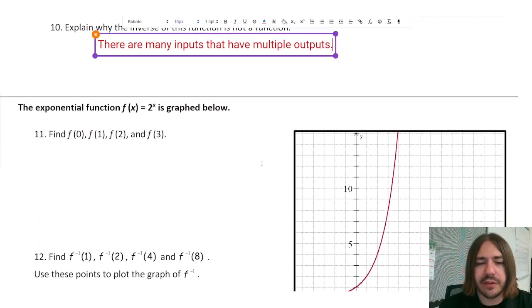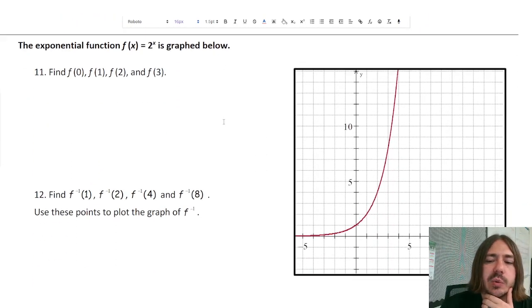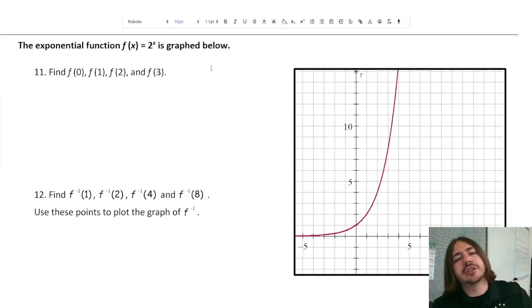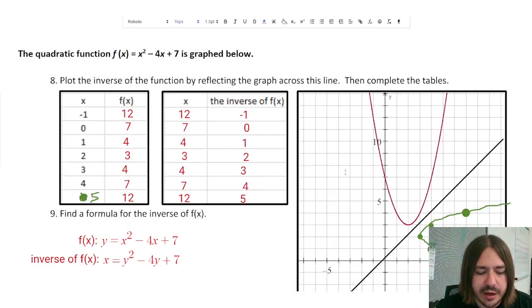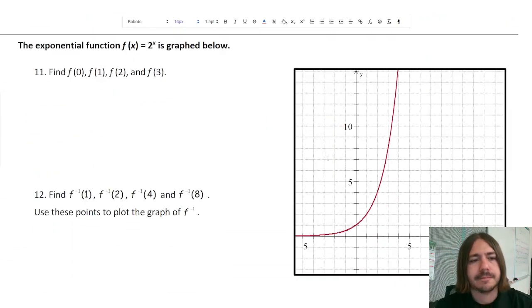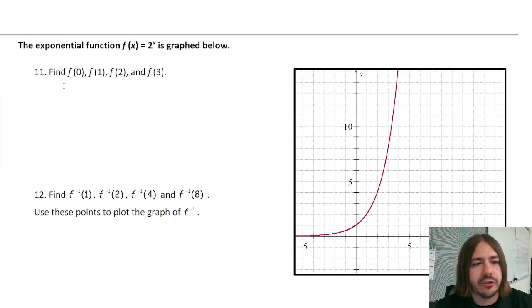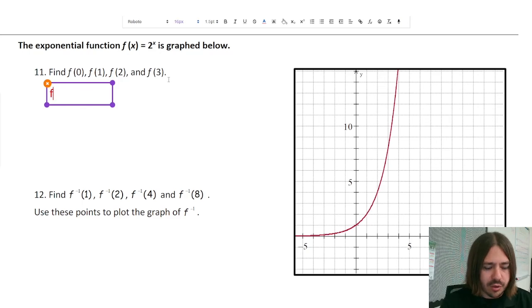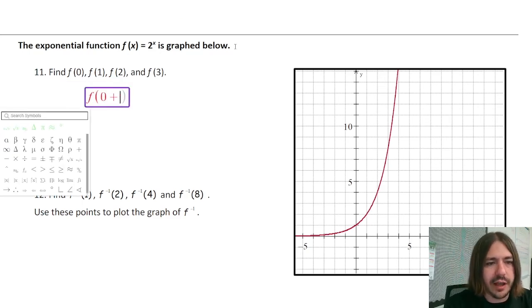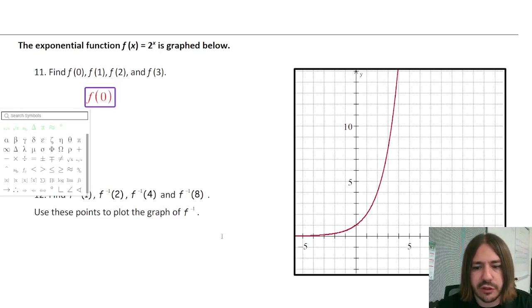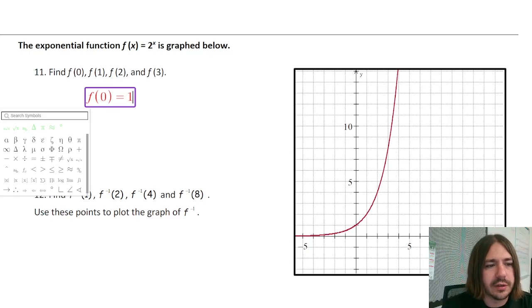Okay, so let's wrap this discussion up and see where this is going. It says the exponential function f of x equals 2^x is graphed below. It looks similar to the exponential function we had up here in number 7. It says first find f of 0, f of 1, f of 2, f of 3. These are just going to be the points that we see on the curve, where f of 0 is going to be the y value when x is 0. If I look at the graph, I have a point at (0, 1), so f of 0 is 1.